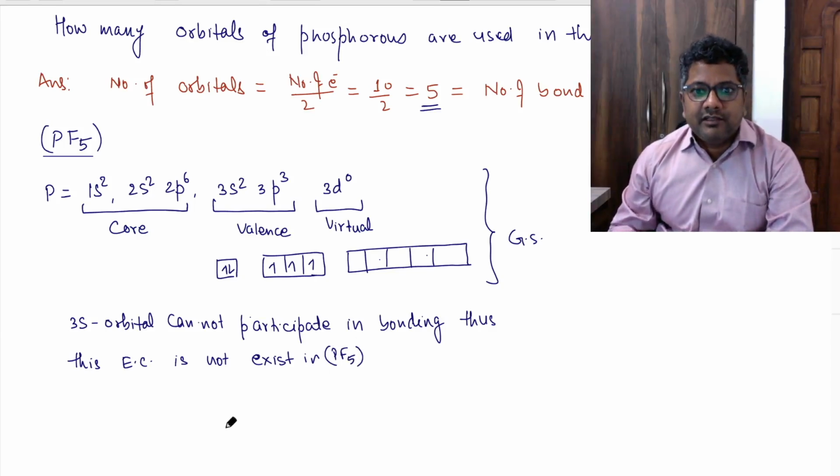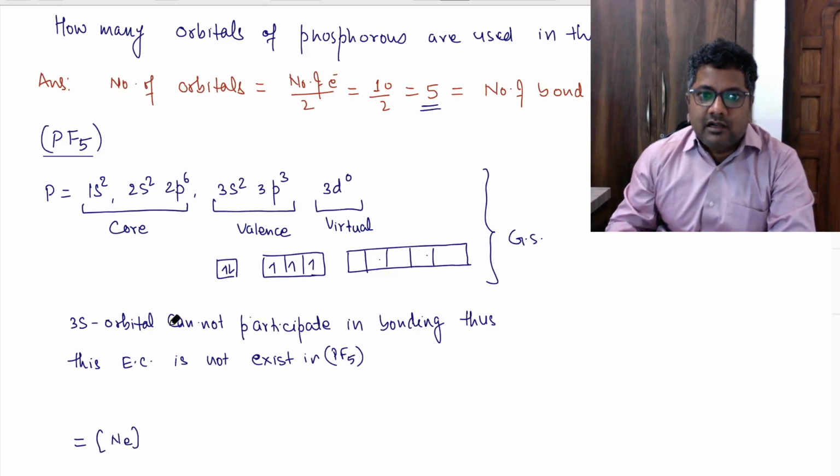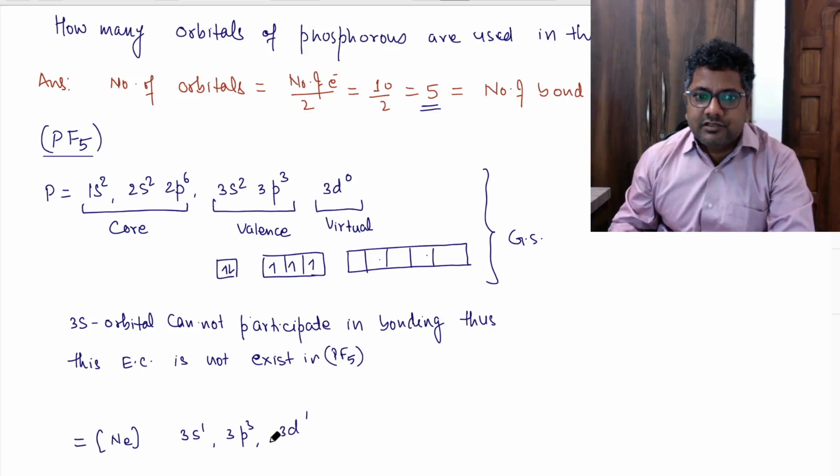Then what will happen? Then the concept of excitation will come. So how this excitation, this is the core of neon. Now I am writing this as neon, and then 3s1, 3p3 and 3d1, right?